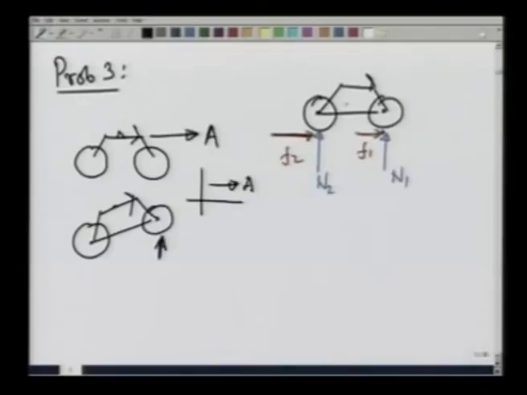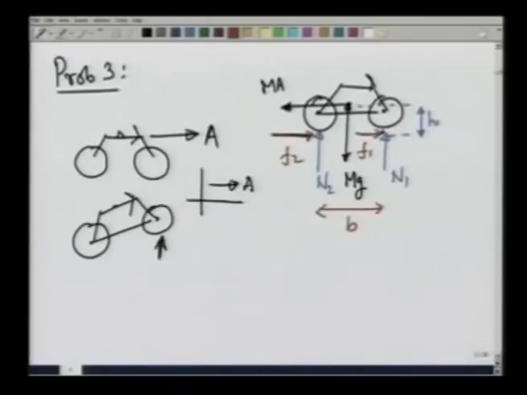There is a fictitious force working at the center of gravity towards the left, ma, and at the center of gravity there is a force, gravitational force mg. Let us take the height of the center of gravity from the ground to be h, and let us take the distance between the two wheels to be b.